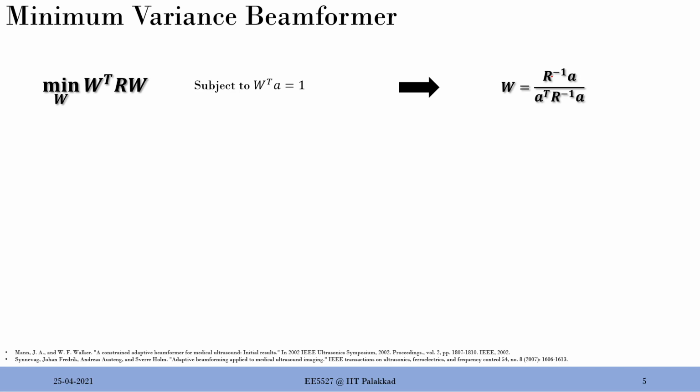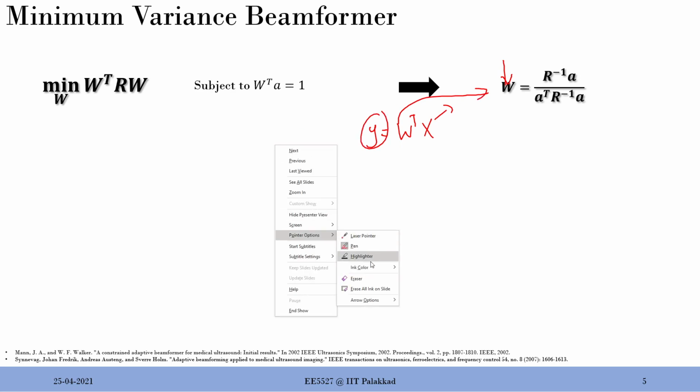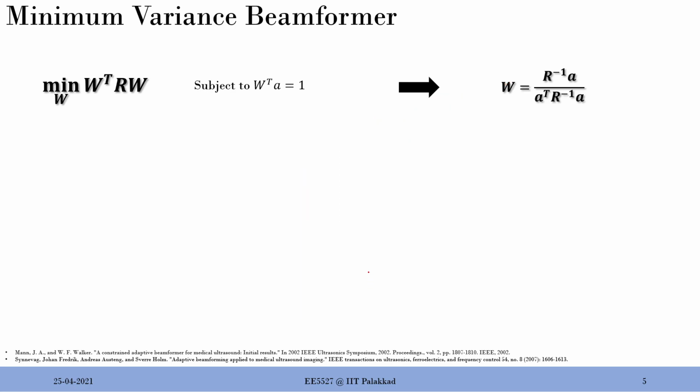But there's no way out. This is the way to solve it. So you solve this expression, you get the value of W, and once you have W, you can always find the final pixel value by W transpose into X. X is already known to us, W you estimated from here, and then you can find Y. One thing very guaranteed here is that Y should have the minimum variance in our case.